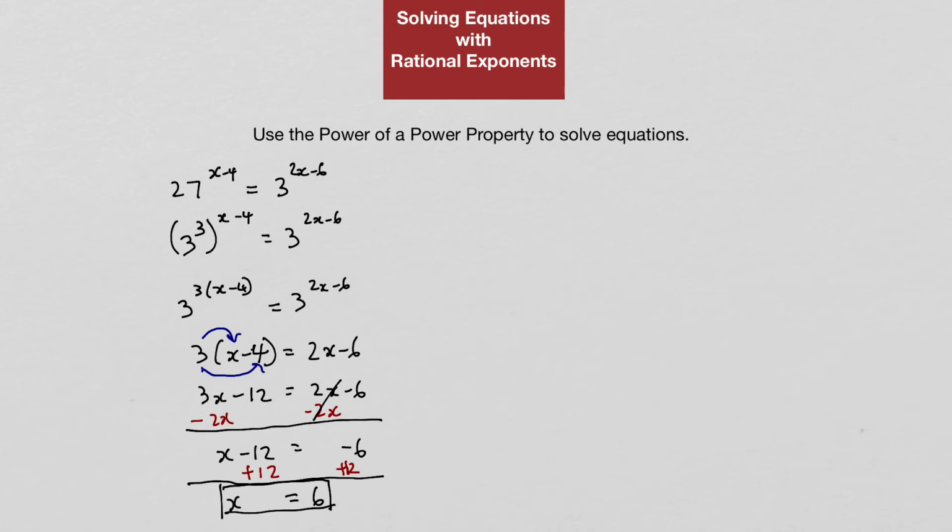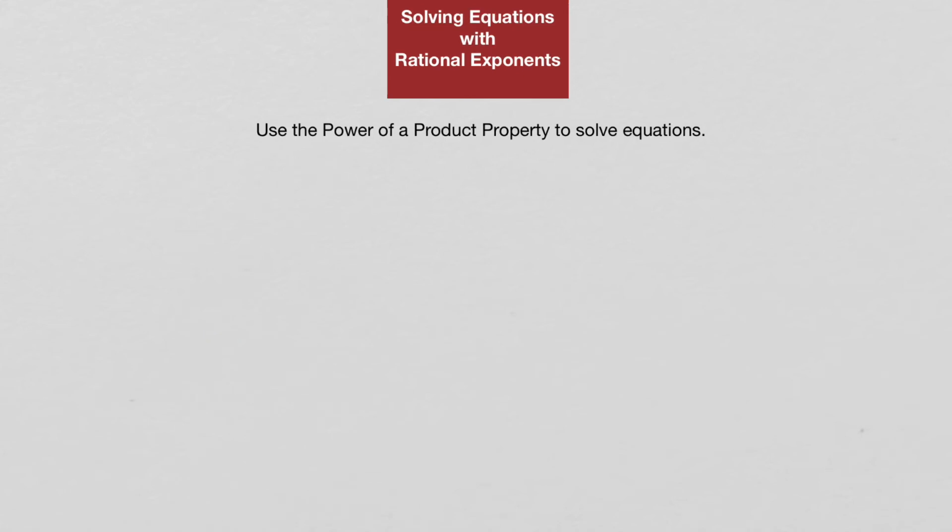Okay, so let's move on to example number 3, using the power of a product property to solve an equation. And so we're going to show you the following example. Okay, so we have 12 is equal to 8 to the 1/2 power times x to the 1/2 power.